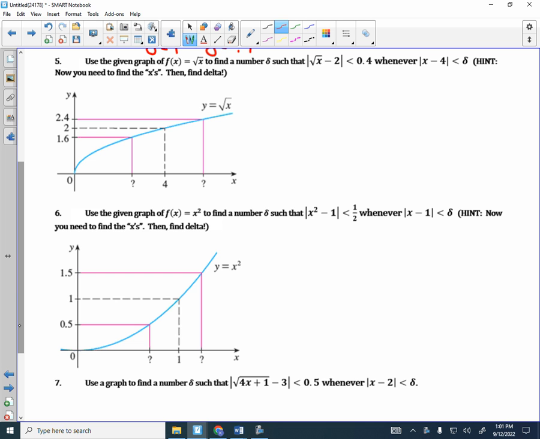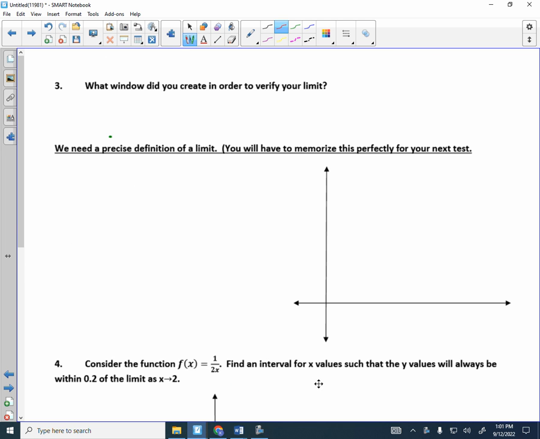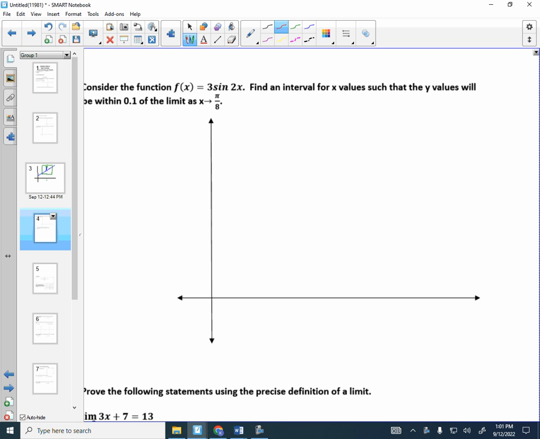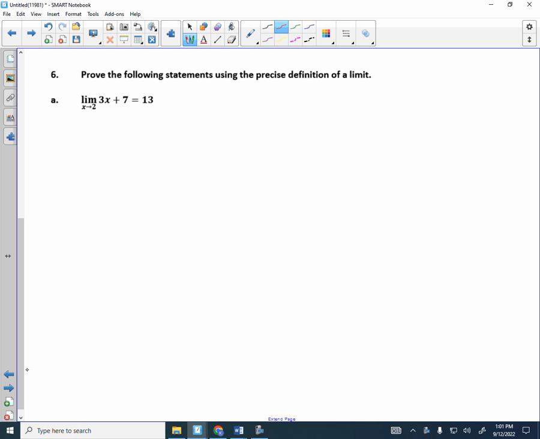We'll do our last piece. Flip back to your notes. It is not the kind of geometry proof.